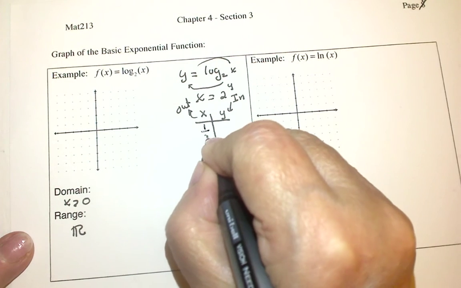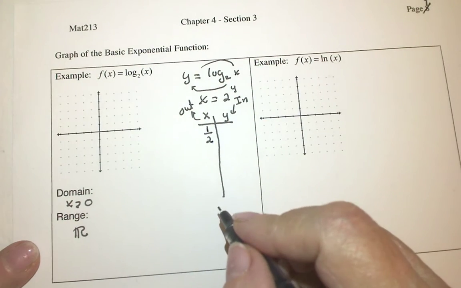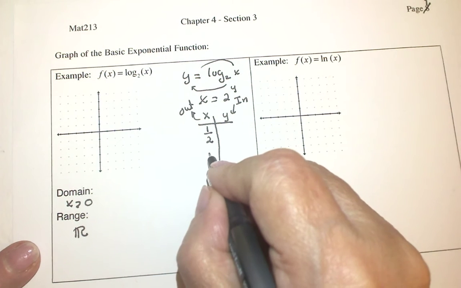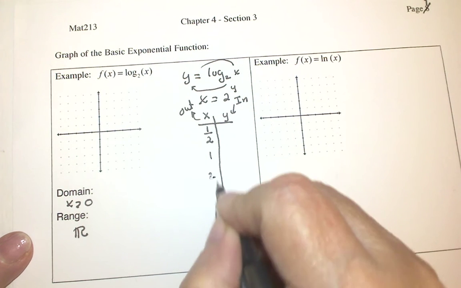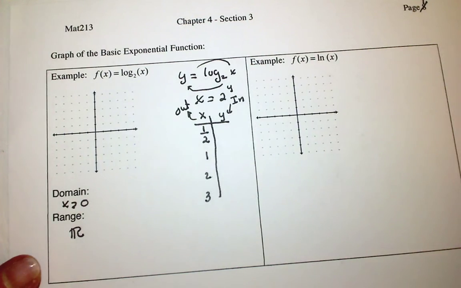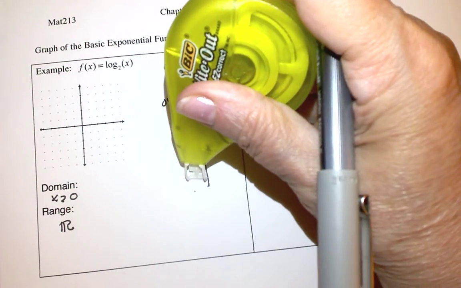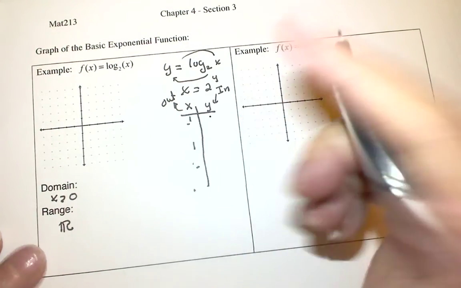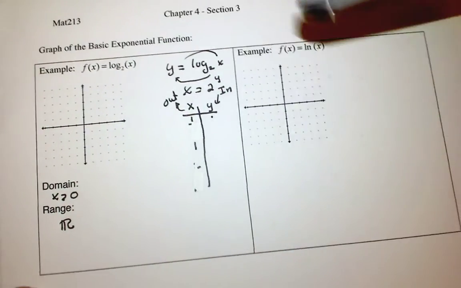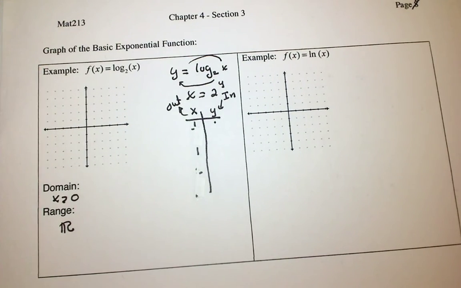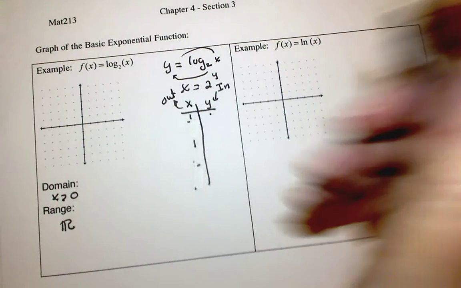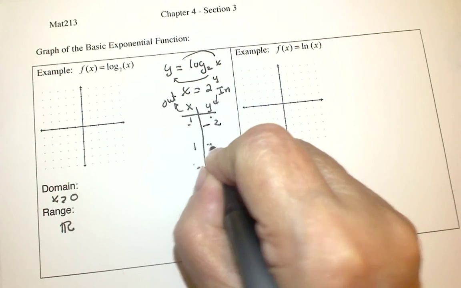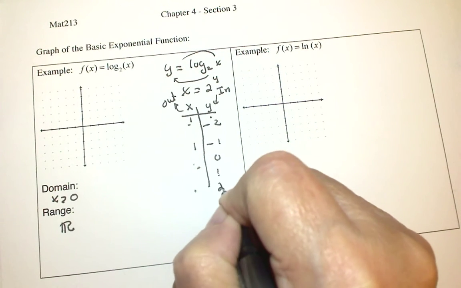I'm going to put in 1, 2, and 3 and see what, whoops, I'm sorry. I need to be putting in y values. Sorry about that. Now, if I'm putting in y values, y can be any real number, so I can use any real number I like: -2, -1, 0, 1, and 2.